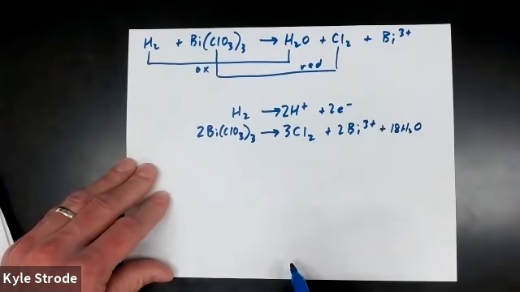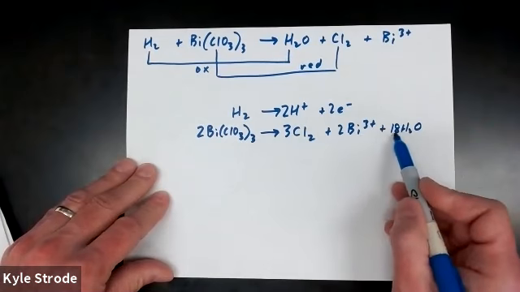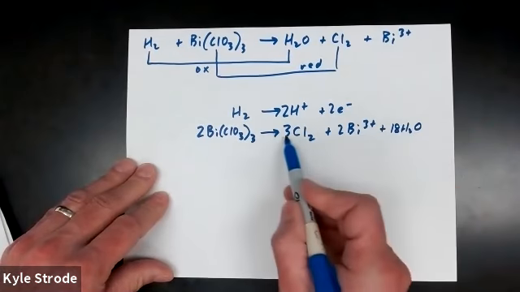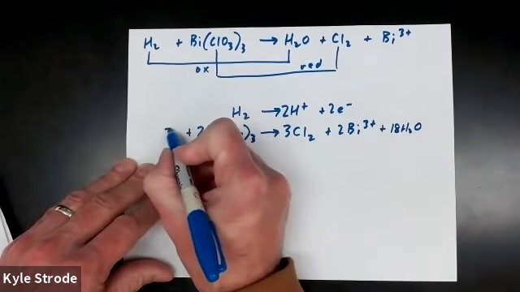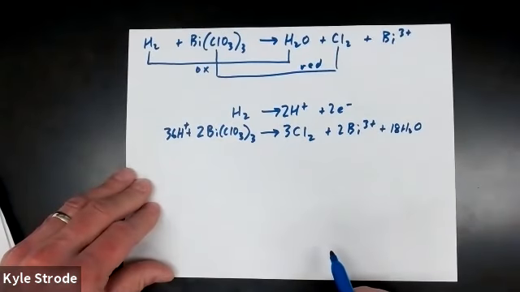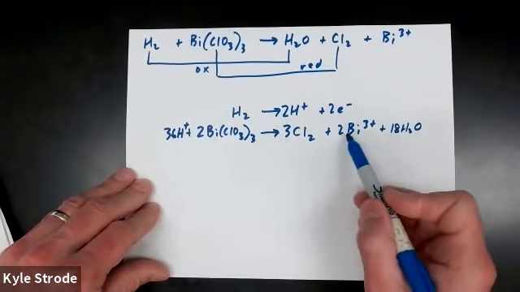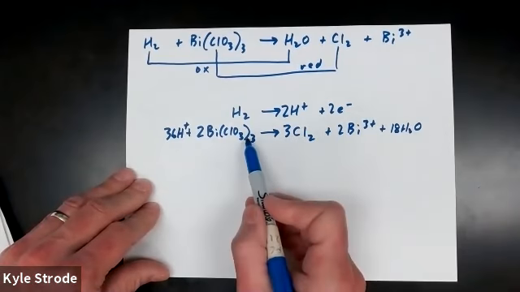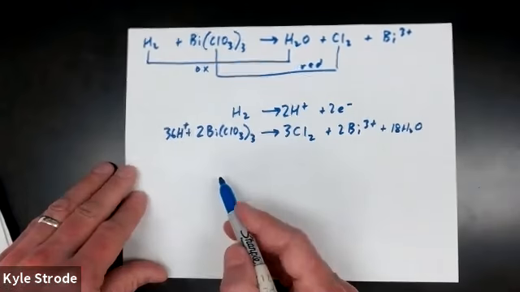And then I'm going to balance my H's, so 36 H's, none on the left. And then I'm ready for electrons, so +6 on the right, looks like +36 on the left, so 30 electrons.